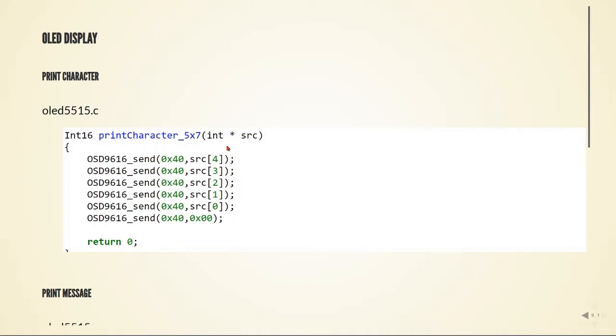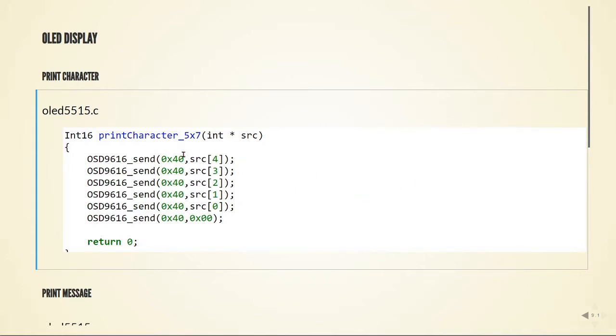So we have a 96 by 16. So we will have 2 rows, each one with 8 bits, and we will have 96. If I'm using 6, this will give us the number of characters we can display in each line of the OLED.